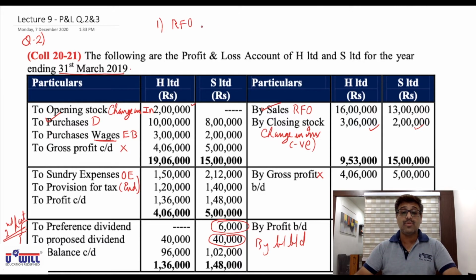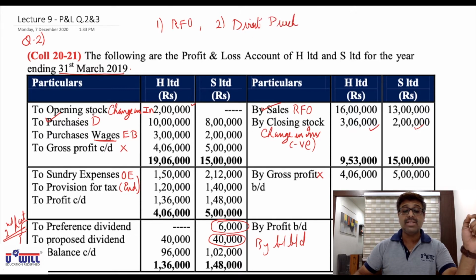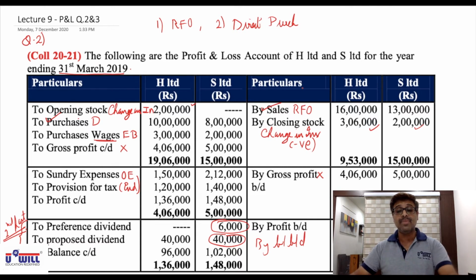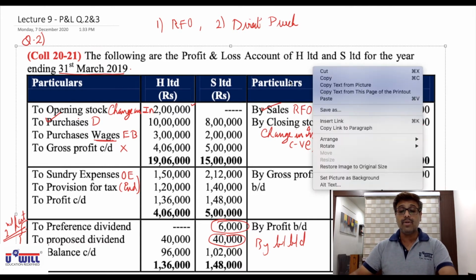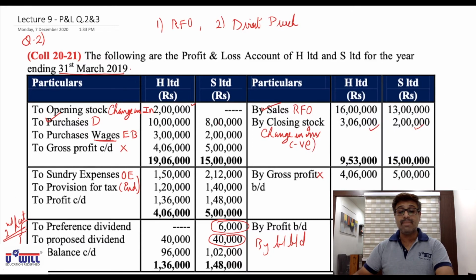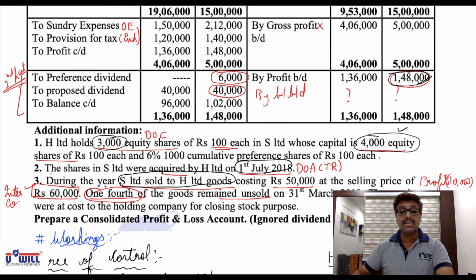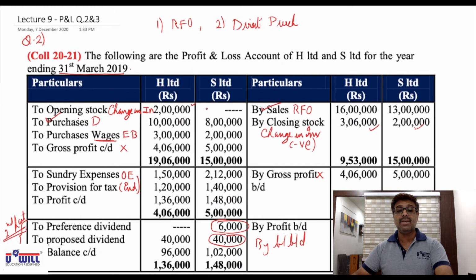Other incomes we don't have. Cost of materials consumed we don't have. Direct purchases, so second note will be direct purchases. Purchases are given, and it is ticked, so you'll minus intercompany adjustment also, 60,000 rupees. From H Limited 10 lakh plus H Limited 8 lakhs, you will also minus this 60,000 of intercompany adjustment.